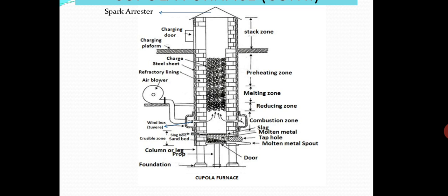First, you just see all the parts. So this is the charging door. Through the charging door, the raw material is pushed into the furnace, with the help of the charging platform. We will discuss all these parts one by one.